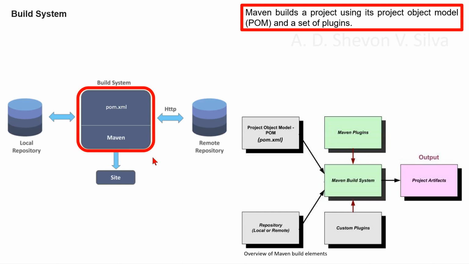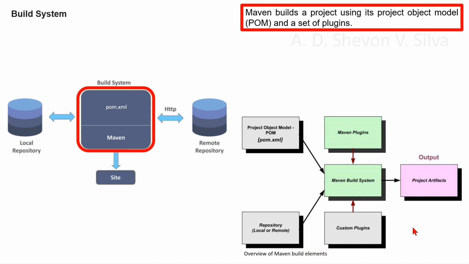Now we are focusing on build system. Maven builds a project using its project object model, POM, and a set of plugins. Here you can see an overview of Maven build elements.